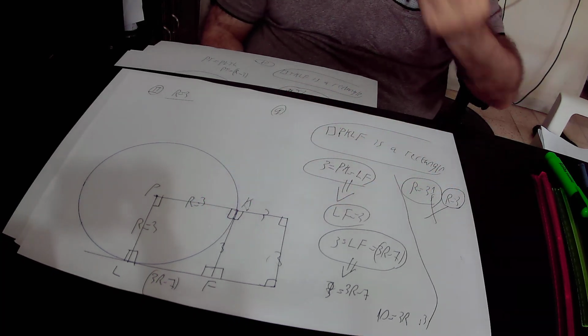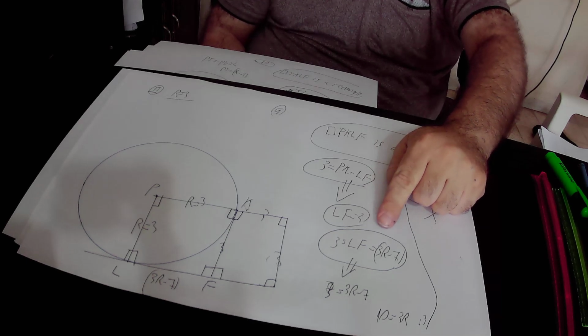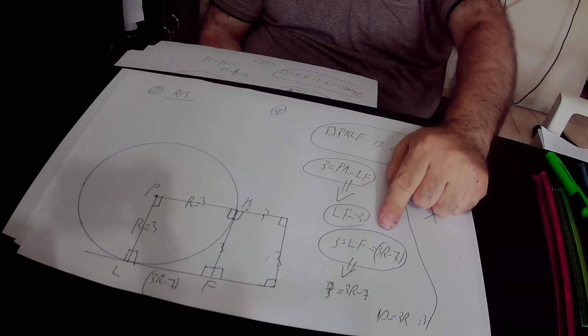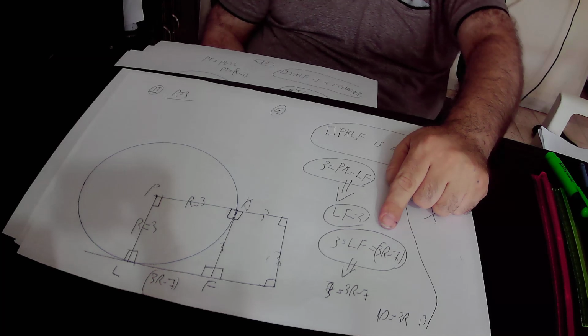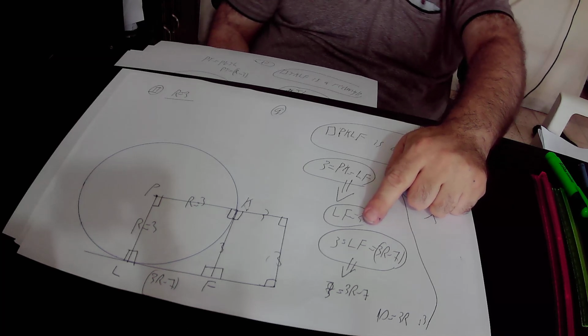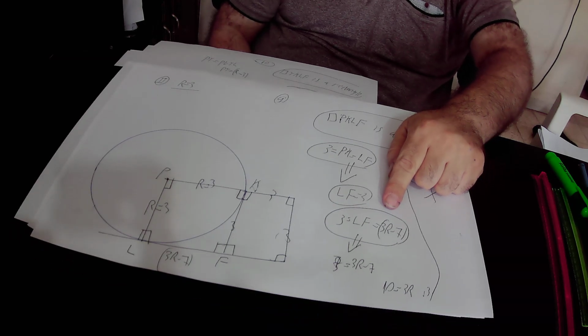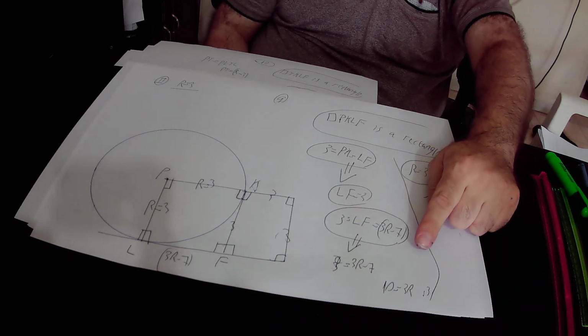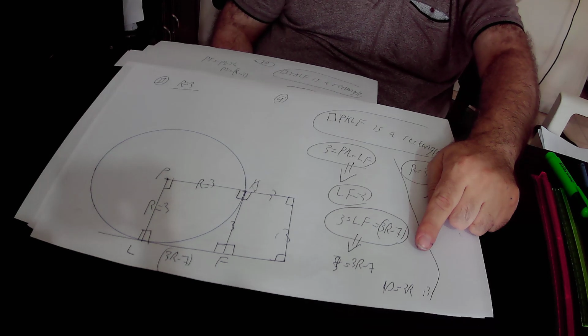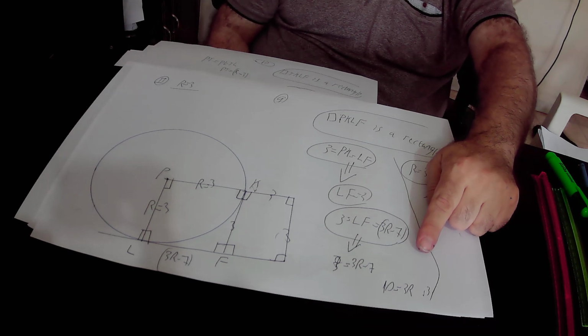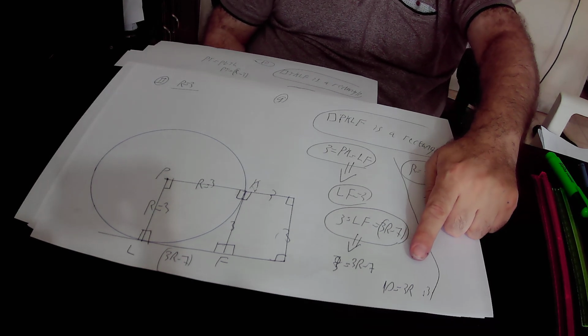So from one side, LF equals 3 units. From the other side, we have already found out that LF equals 3R minus 7. So from this equation, 3 equals LF equals 3R minus 7, we will get that 3 equals 3R minus 7. Here, we added 7 to this equation, and we got that 3 plus 7 is 10, so we found out that 10 equals 3R.